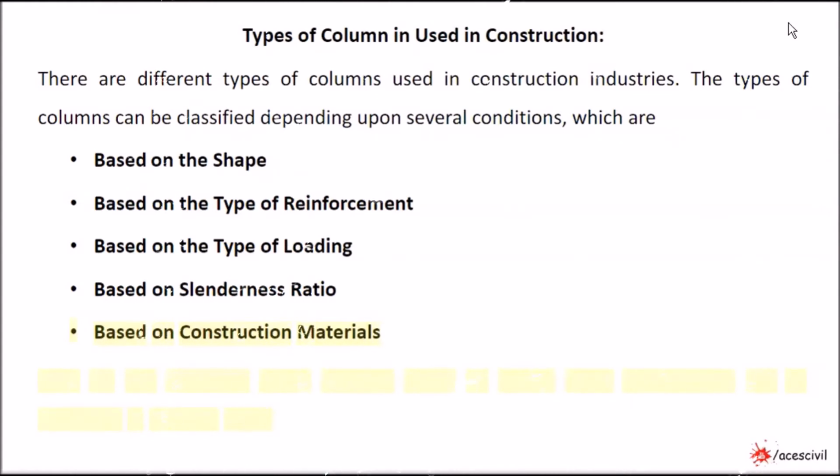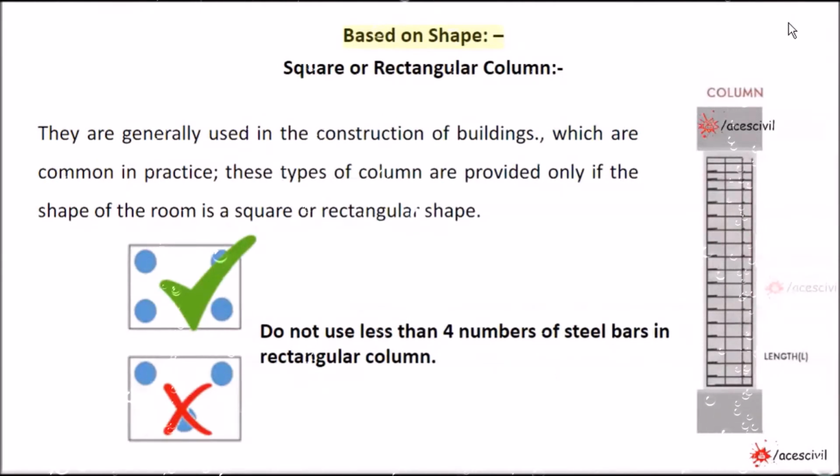Here we will discuss columns based on shape. The other classifications will be discussed in another video.